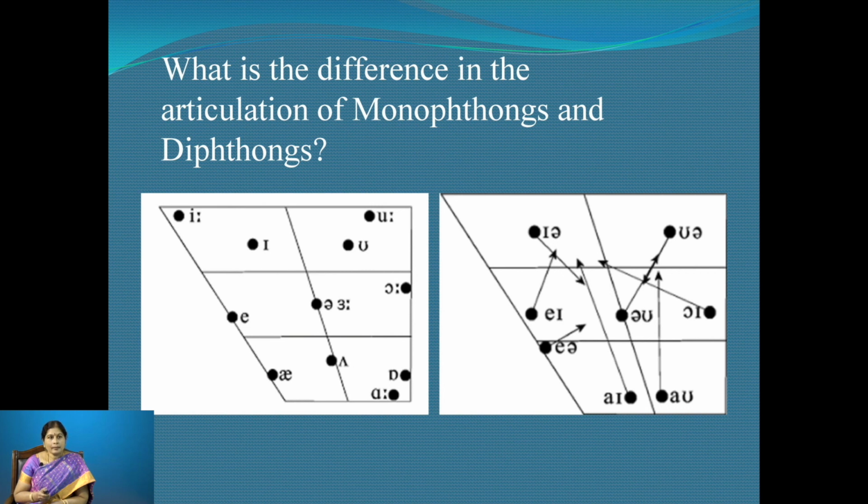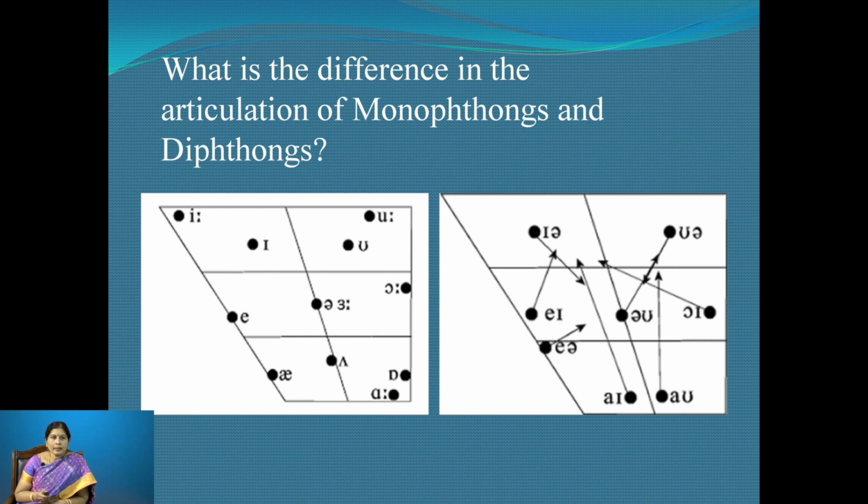Whereas in diphthongs, look at the second picture, this is the vowel scale of diphthongs, and here you can see the movement from one place to another. The arrow indicates the movement.